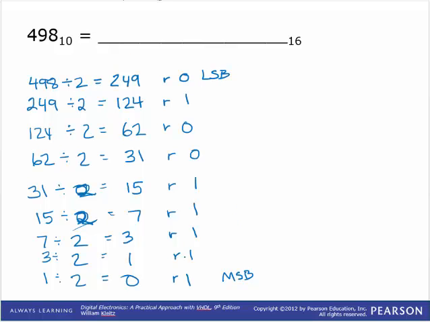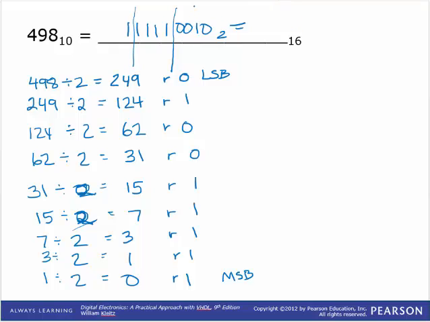And my final answer, the binary answer, is 0, 0, 1, 0, 0, 0, 1, 0 in base 2, which equals, now I'll split these up into groups of 4. Groups of 4.